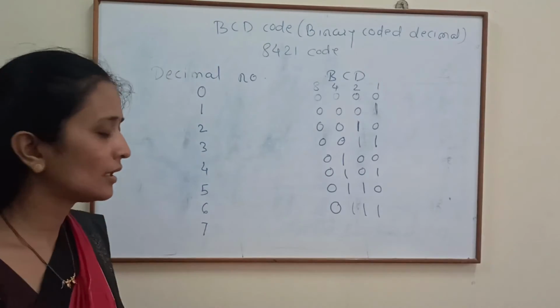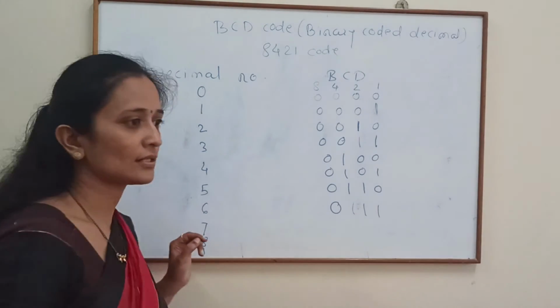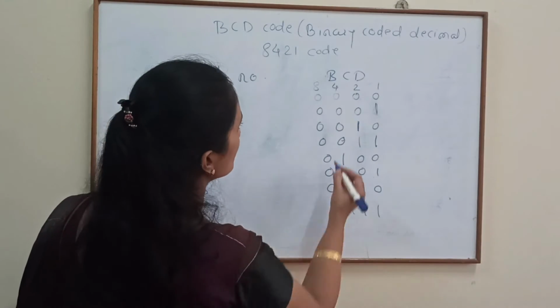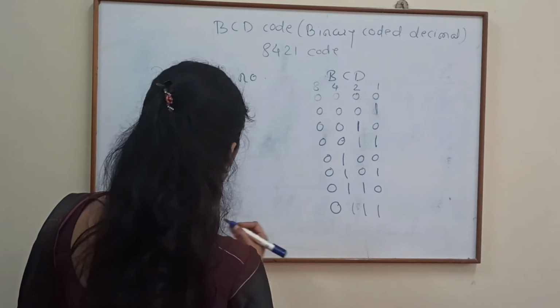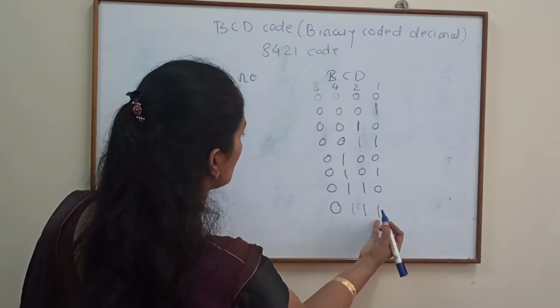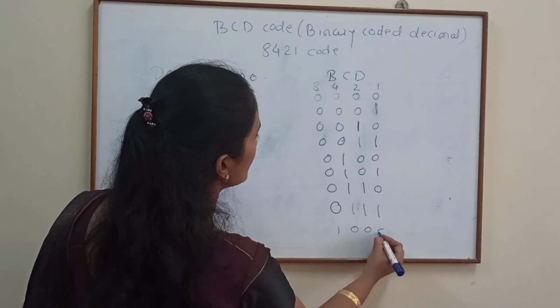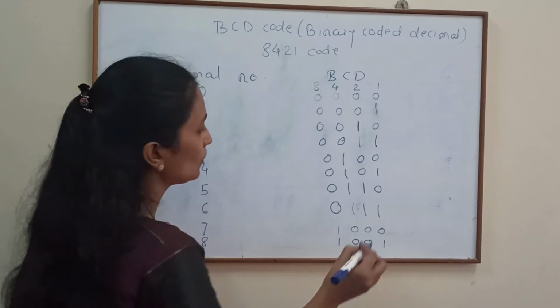You can take any other number. You can take 8, 9, etc. Number 8 is 1, 0, 0, 0 and number 9 is 1, 0, 0, 1.